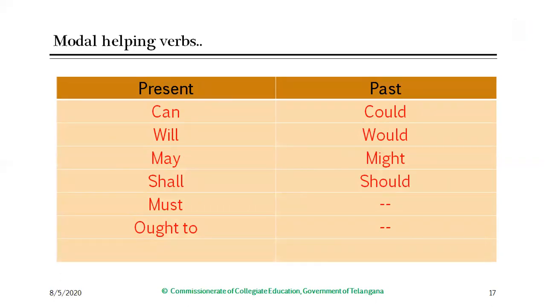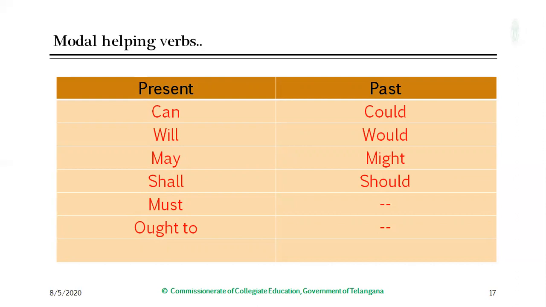Can, could, will, and its past form would, may, might, shall, should, must, but generally had to sometimes is taken as its past form, and ought to. These are the modal helping verbs.